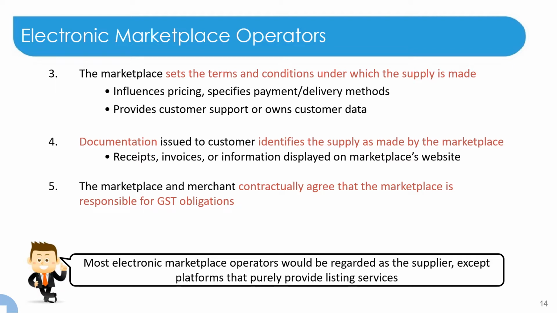This includes receipts, invoices, or information displayed on the marketplace website. The fifth condition is the marketplace and merchant contractually agree that the marketplace is responsible for GST obligations. Considering the conditions in totality, most electronic marketplaces would be regarded as the supplier, except platforms that purely provide listing services.